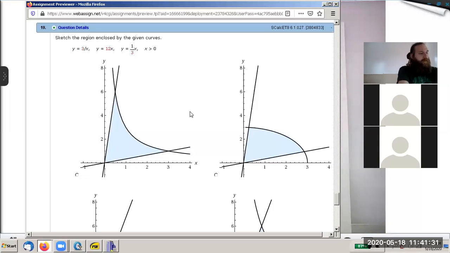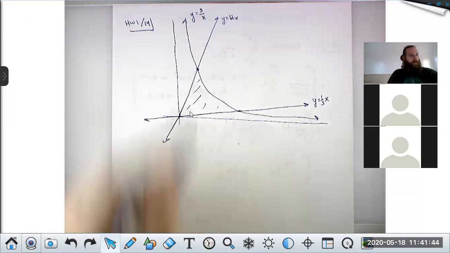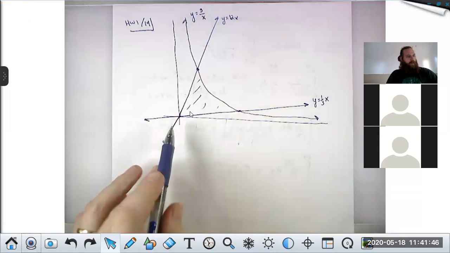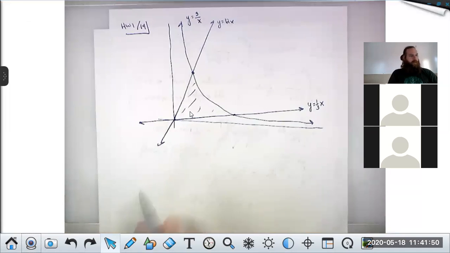And I want to find the area enclosed here. So this area. So that looks like this, right? Here's 3 over x, here's 12x, and here's 1/3 x.